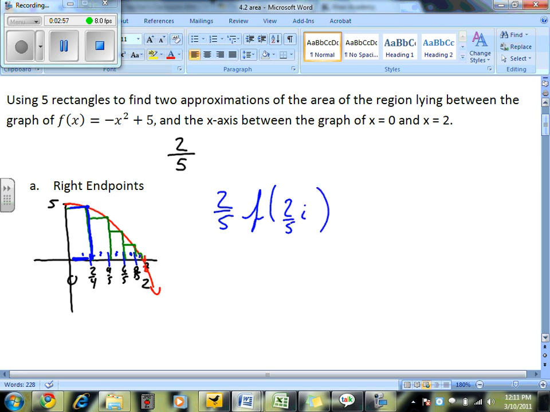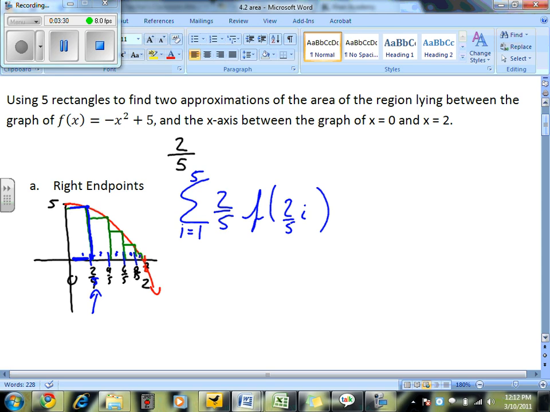It ends up, we're going to call it 2/5 i. So when i equals 1, we have 2/5. When i equals 2, we have 4/5. When i equals 3, we have 6/5. Hopefully you see where it's going. We've been using i's when we're talking about summations. So we're going to have a summation starting with i equal to 1, going to 5 rectangles. So here's my summation for the right endpoints.